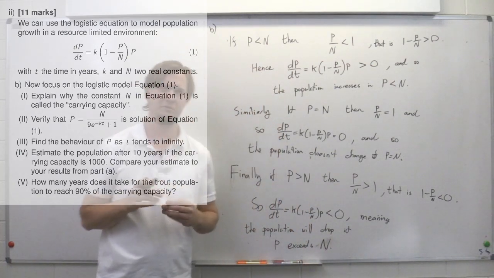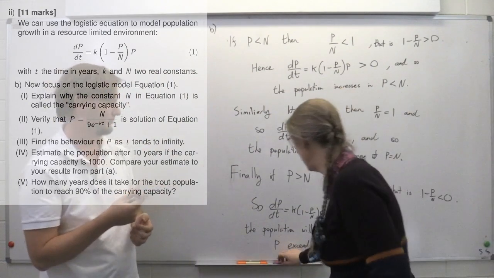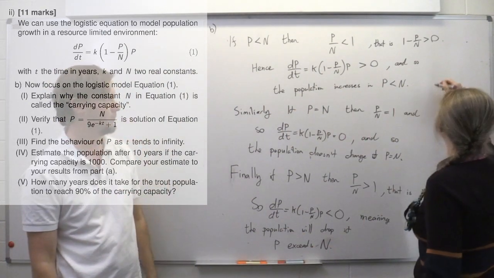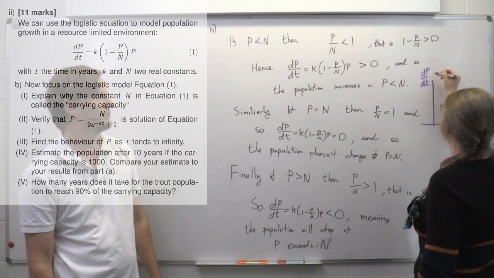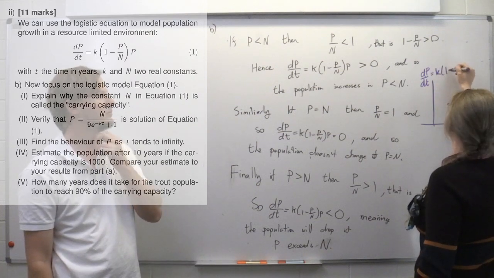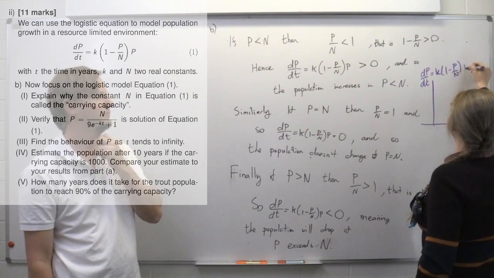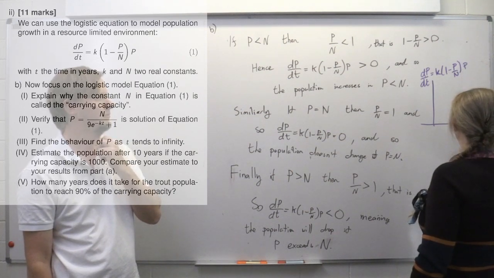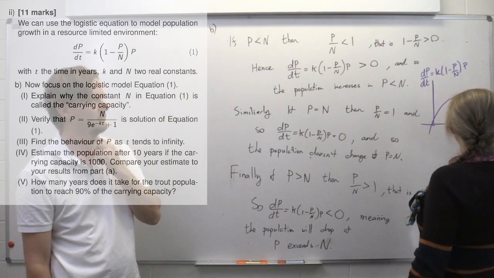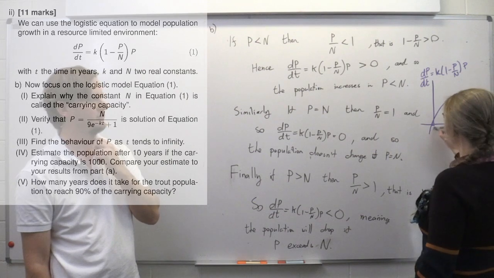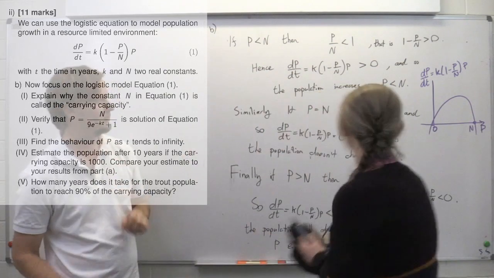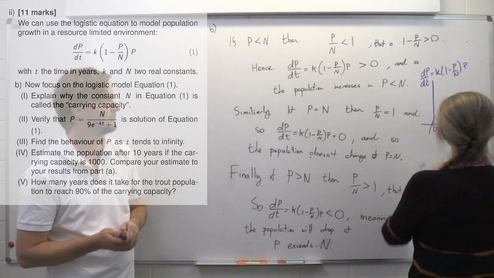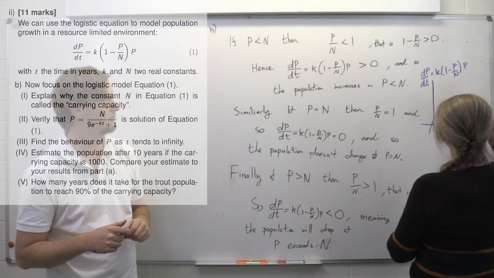Can I suggest here it's maybe easier to visualize this if you actually draw the curve. So if you draw a plot and you've got dp dt, which is equal to k into 1 minus p over n times p, versus p, it's actually a quadratic, which I haven't drawn very well, but this here is n and this is 0. I might draw it again because it really should be a symmetric curve. Not much better.